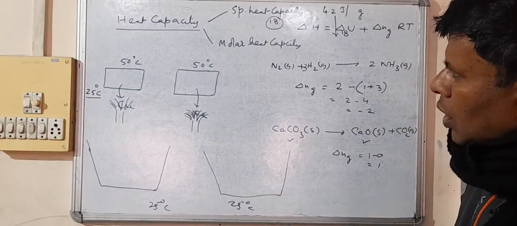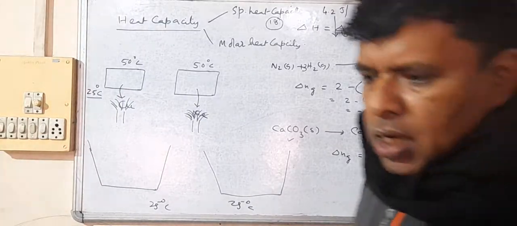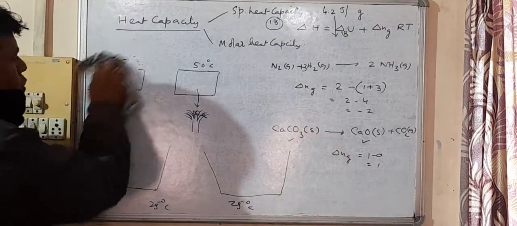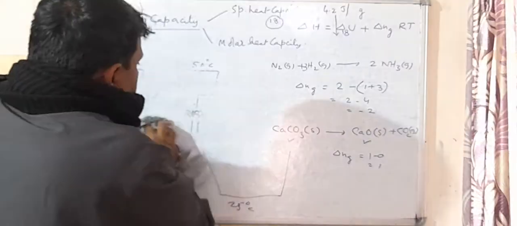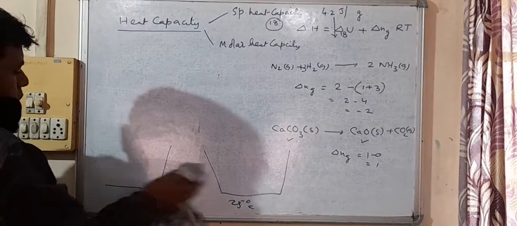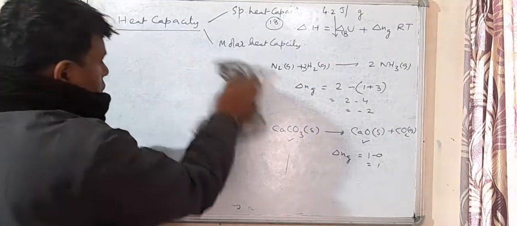Now, children, there are two types of heat capacity in case of gases. Not so in case of solid and liquid. In case of gas, there are two types of heat capacity that I will be discussing now.